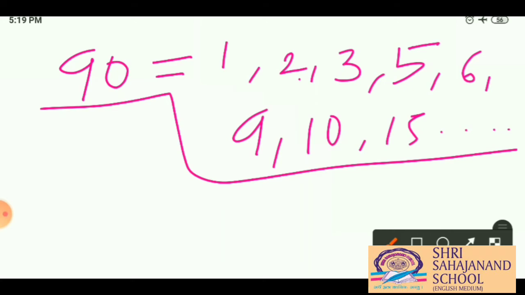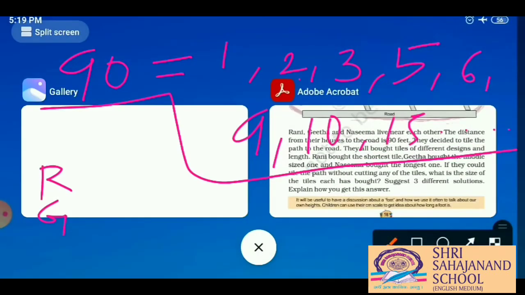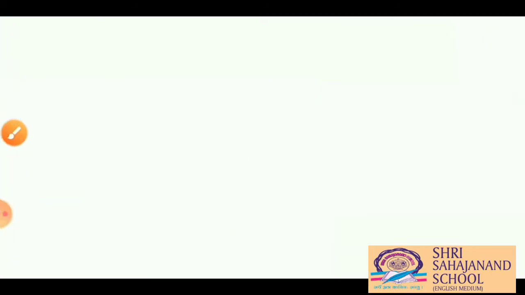So now first come to Rani, then Geeta, and the third one, Nasima.